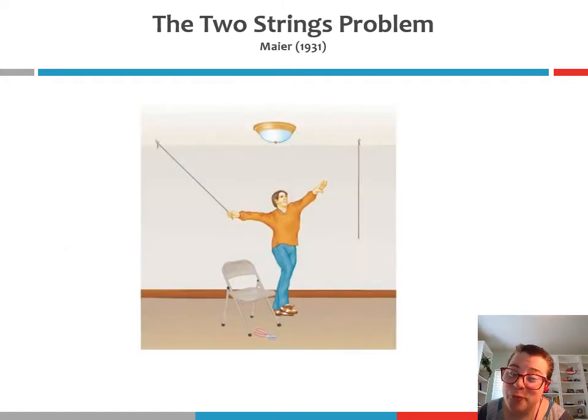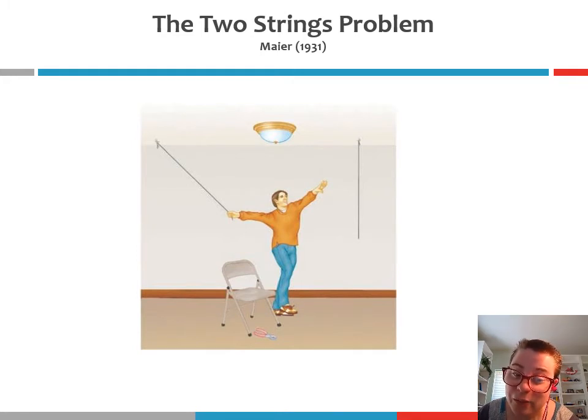So again, before we talk about why this is interesting, I'm going to present you guys with one more problem. So this is called the 2-string problem, right? So basically, your objective in this problem is you're given a chair and a pair of pliers, and using just those items, you need to tie these 2 strings together, right?